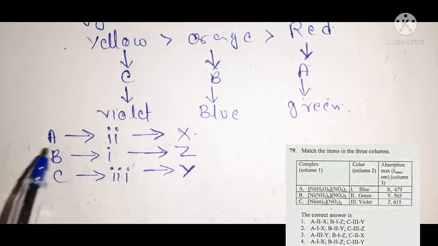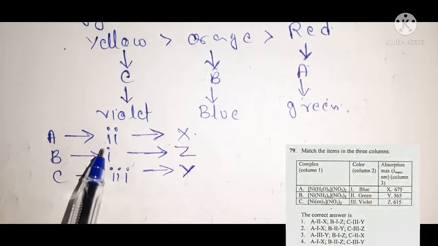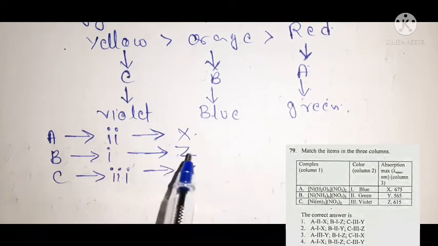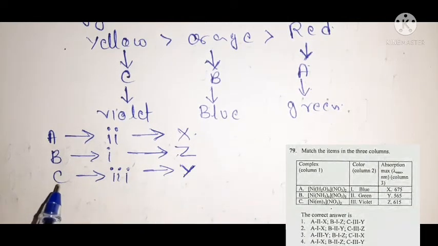A is related to second one with X, B is related to first with Z, and C is related to third with Y.